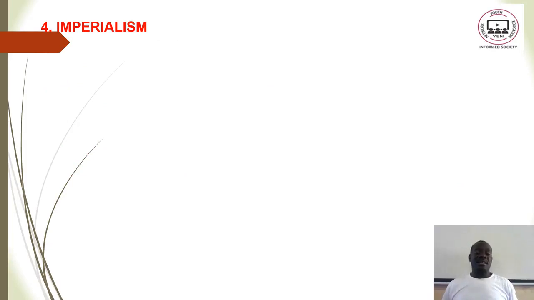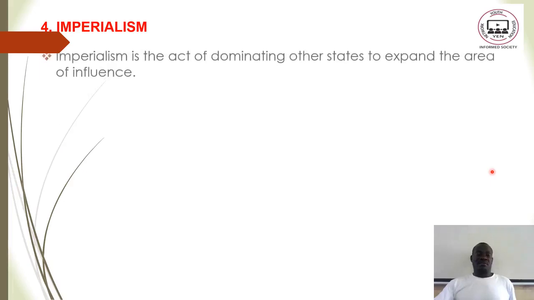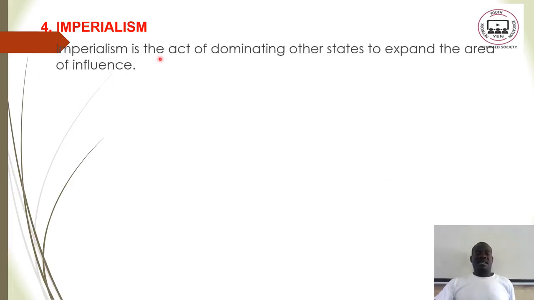Another event that took place between 1870 and 1914 was imperialism. Imperialism is the act of dominating other states to expand the area of influence. So in order to expand the area of influence, you dominate others.